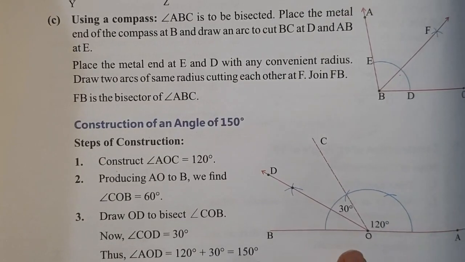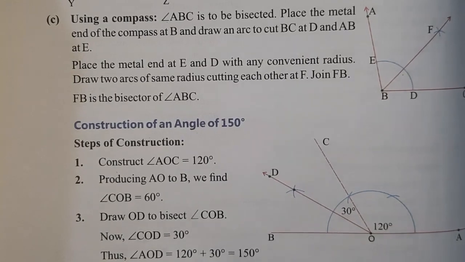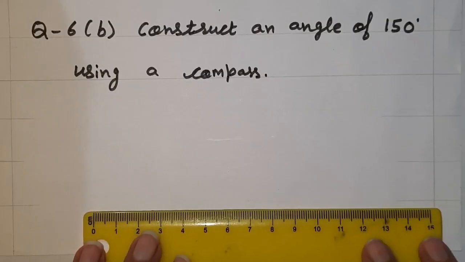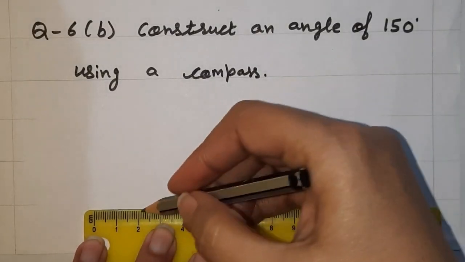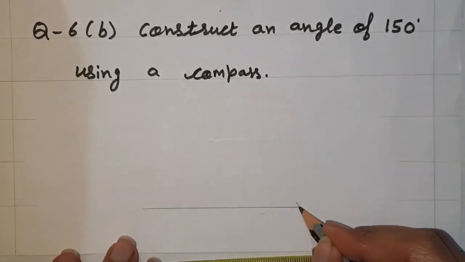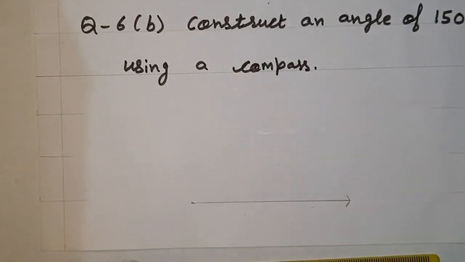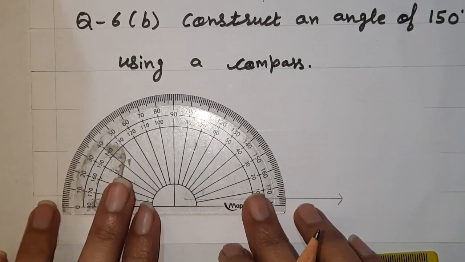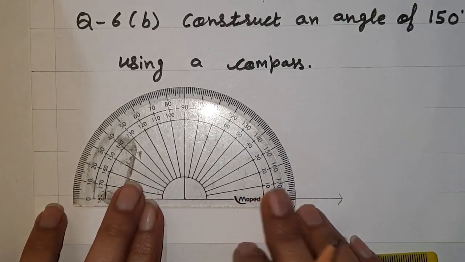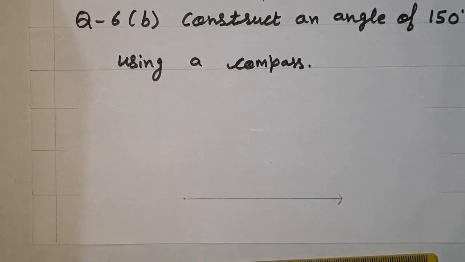It is done in your book also, but I will explain how to draw this angle. First of all, draw a ray. Put your protractor here at this point. No, we will use a compass.